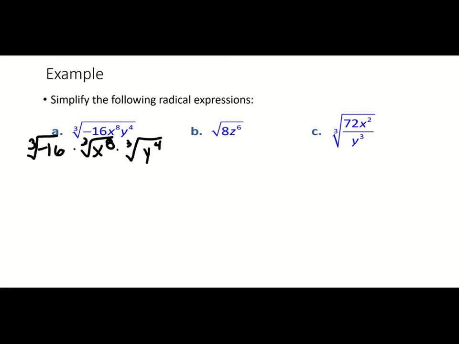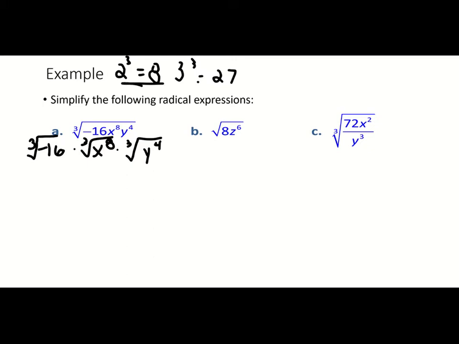Here, so the cubed root of negative 16. It is not a perfect cube, but if I think about my cubes here, I know that 2 to the third power is 8, and 3 to the third power is 27. Well, 27 is too big for negative 16, so I'm going to look at the cubed root of 8.